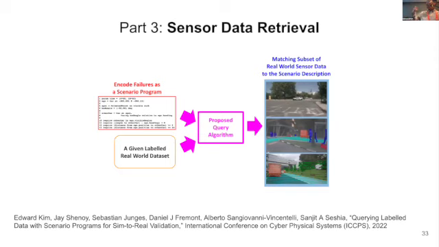And how we do that is the problem that we were looking into. Here we're using Scenic as a query language to model, first of all, the scenarios that you want to look for, and then output and retrieve the sensor data that are matching that description.